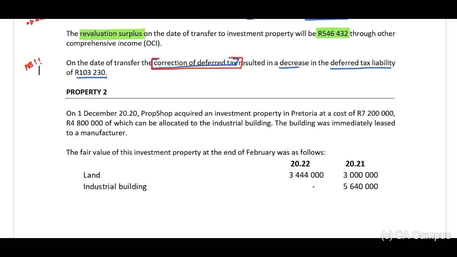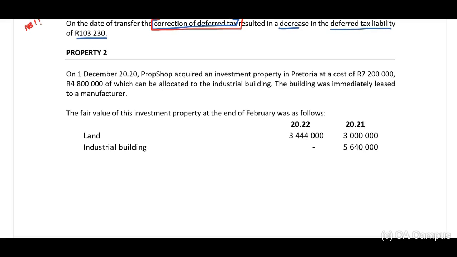Then property 2. On 1 December 2020, PropShop acquired an investment property in Pretoria. Immediately know IAS 40, this is investment property, at a cost of 7.2 million, 4.8 million of which can be allocated to the industrial building.